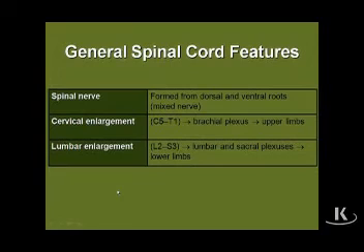Note that the area of the cervical enlargement and the lumbar enlargement are areas where we're going to find many more motor neurons, particularly, and a larger number of sensory neurons, because these regions of the spinal cord are the segments that provide the innervation to an upper limb or a lower limb.